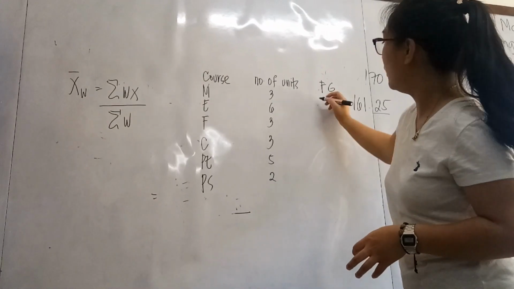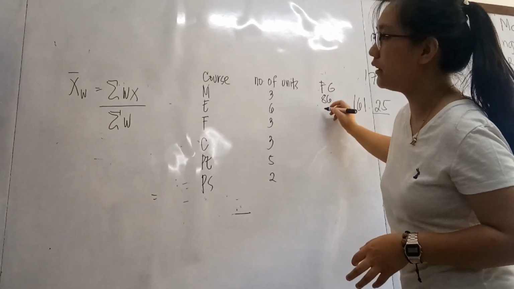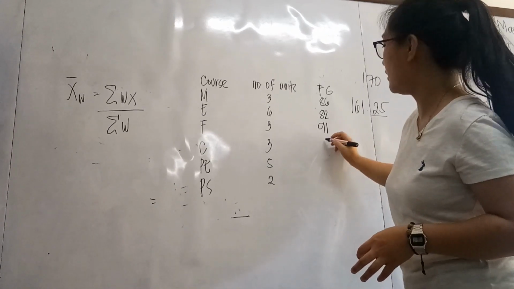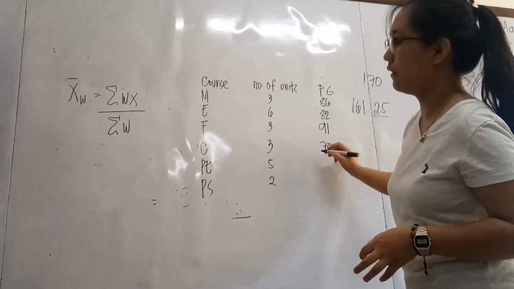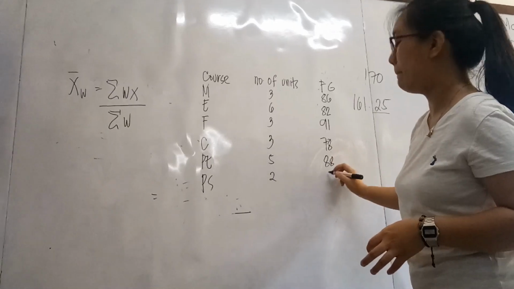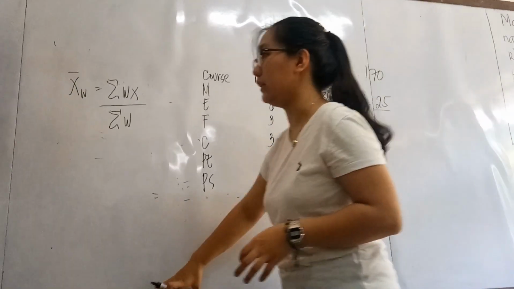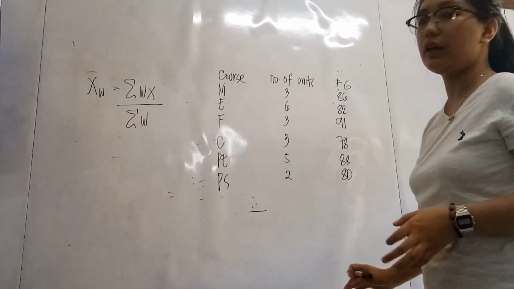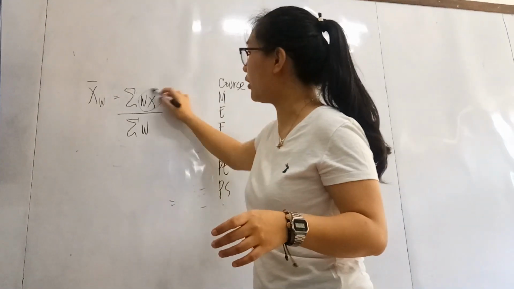Okay, so it says there we have your final grades: 86, 82, 91, 78, 88, and then we have 80. Okay, so how are we going to get first? Let's check your numerator.